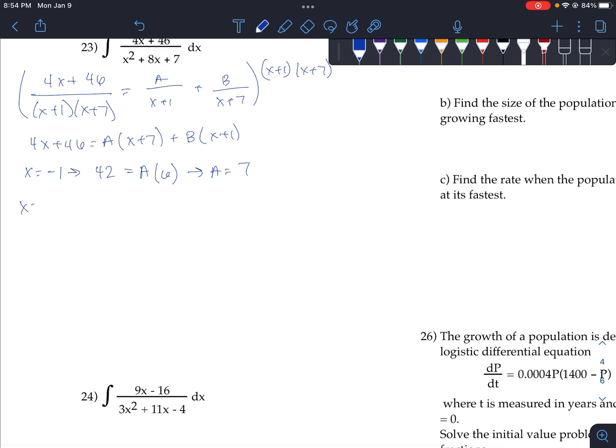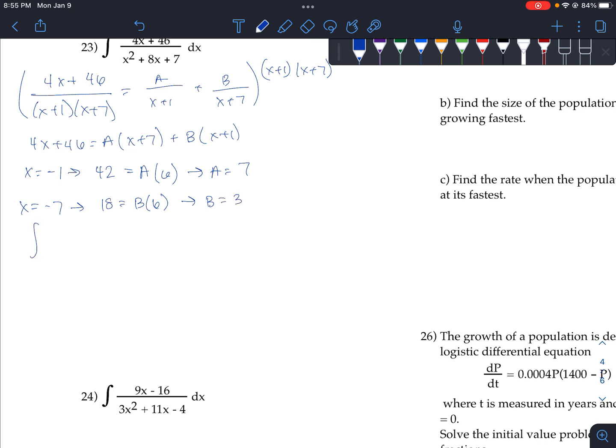Okay, let's say x is equal to, in this case, negative 7. So if x is equal to negative 7, that's 4 times negative 7 plus 46, so looks like we'll get 18. So 18 is equal to B, and then we'll get 6. Okay, so B should be equal to 3.